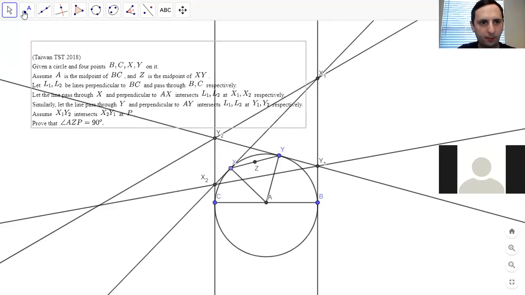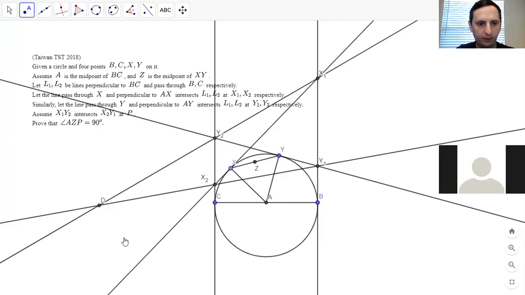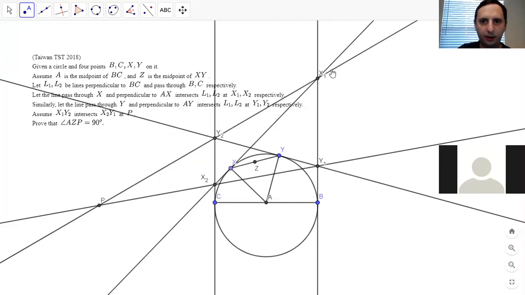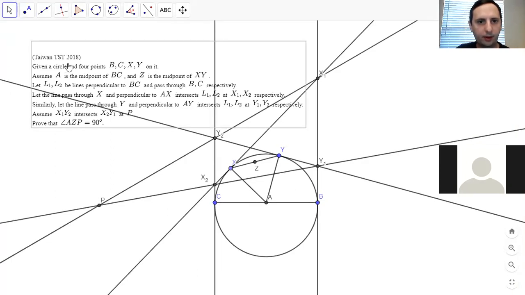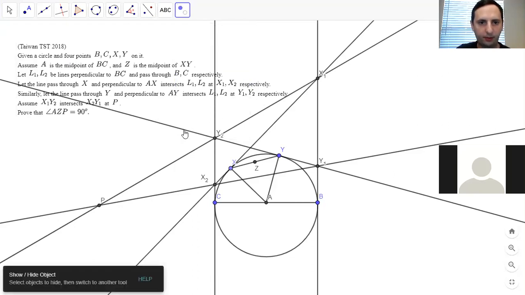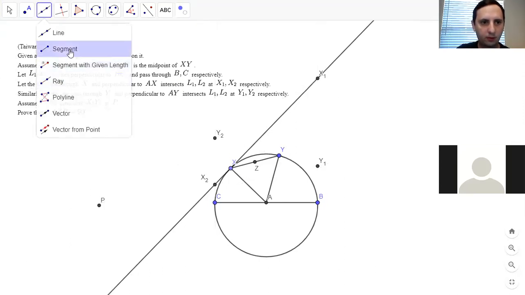Okay, so this is point P. We want to show that angle AZP is 90. Let me hide a couple things. X1 is not visible. But, can you guys see X1 now? Yeah. Okay. I'm going to stick with this diagram unless you guys want me to change it.